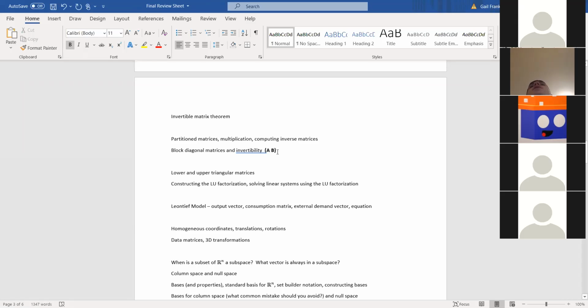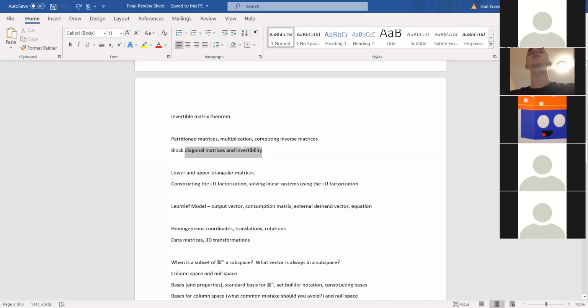And the useful thing is if you have large matrices, you can split them up, and you can multiply partition matrices, and you can also compute inverses using partition matrices. I believe it's section 2.4, so I don't want to spend too much time on it because it's not going to be covered that much.